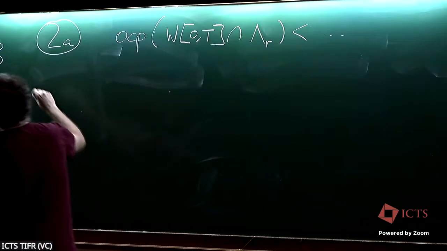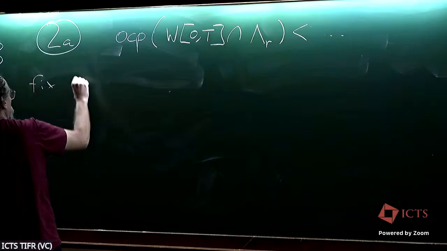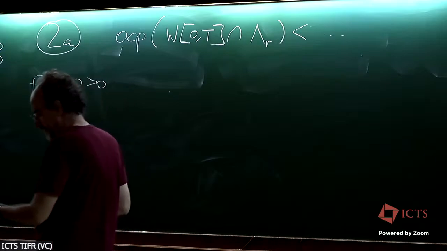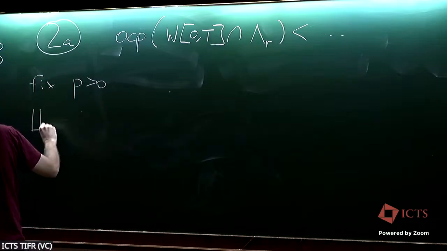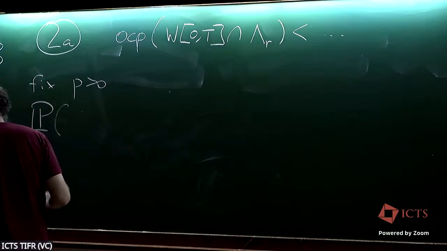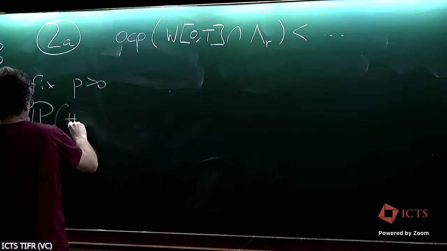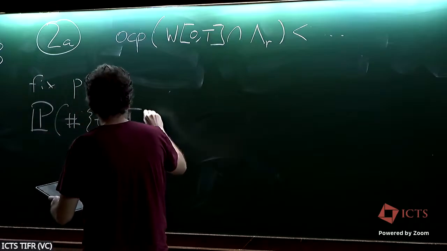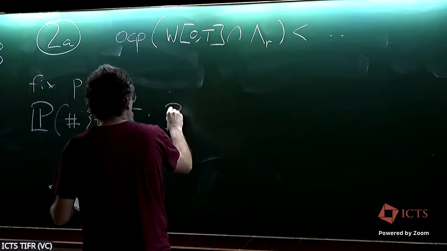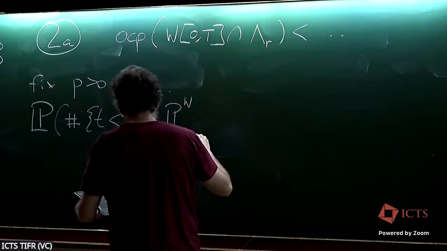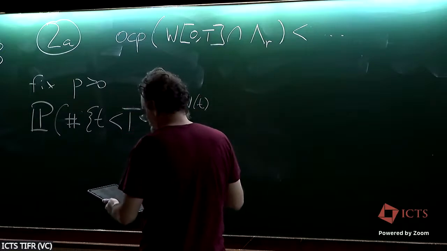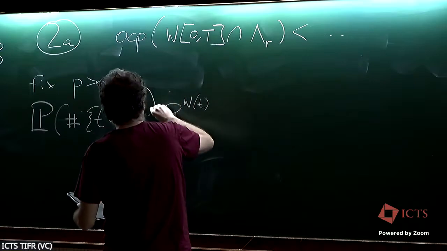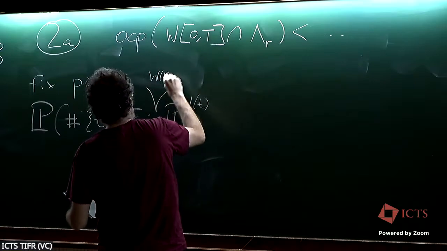So, okay, fix p bigger than 0. And now I'm claiming the following. The probability that the number of s smaller than T such that, first of all, W_s is in Lambda.